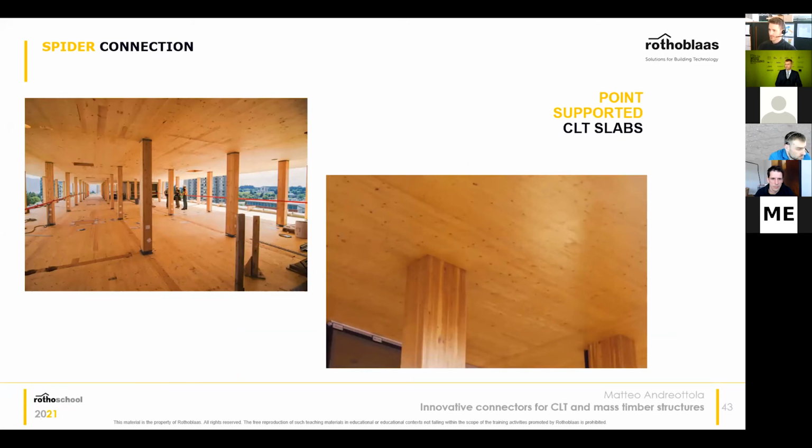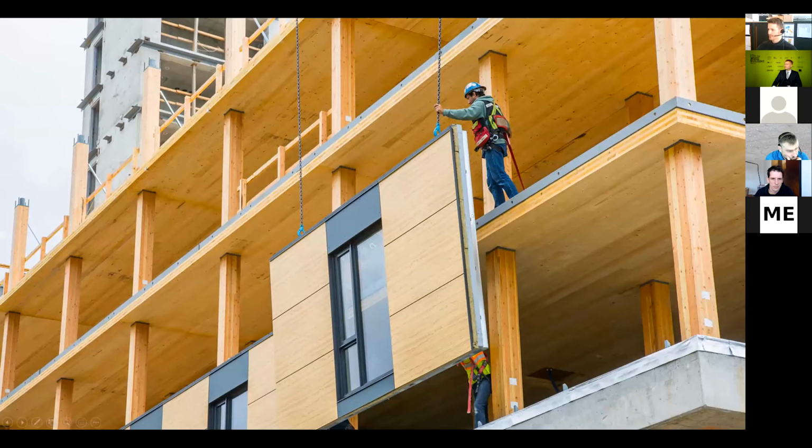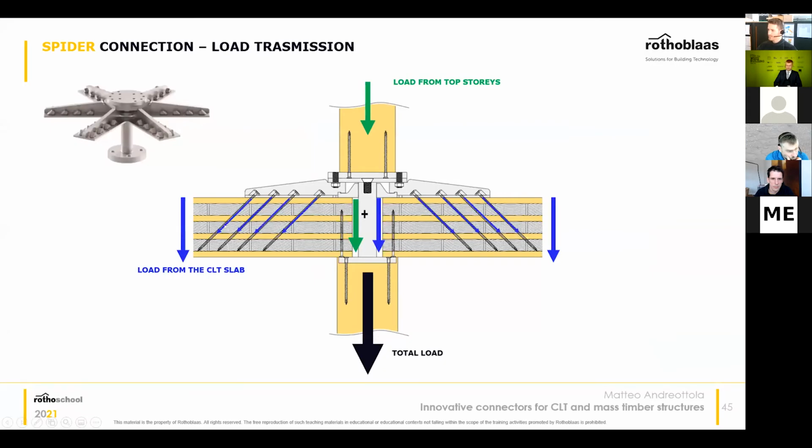That of course makes you gain a lot of room in your building, in your structure, and you have a lot of place for other installations that have to pass just below the ceiling. And of course you have this nice finish, very simple, and you can keep visible, for example, the CLT slab, and you have this very nice finish. How does it work exactly?